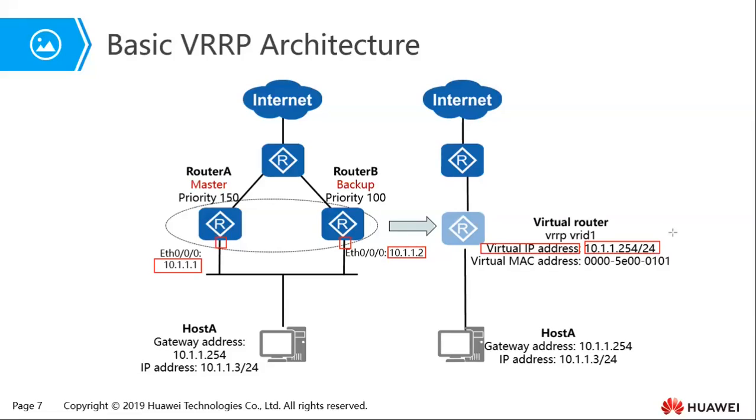A virtual router can be assigned one or more virtual IP addresses. This is configurable, as you're going to see when we begin looking at the configuration.